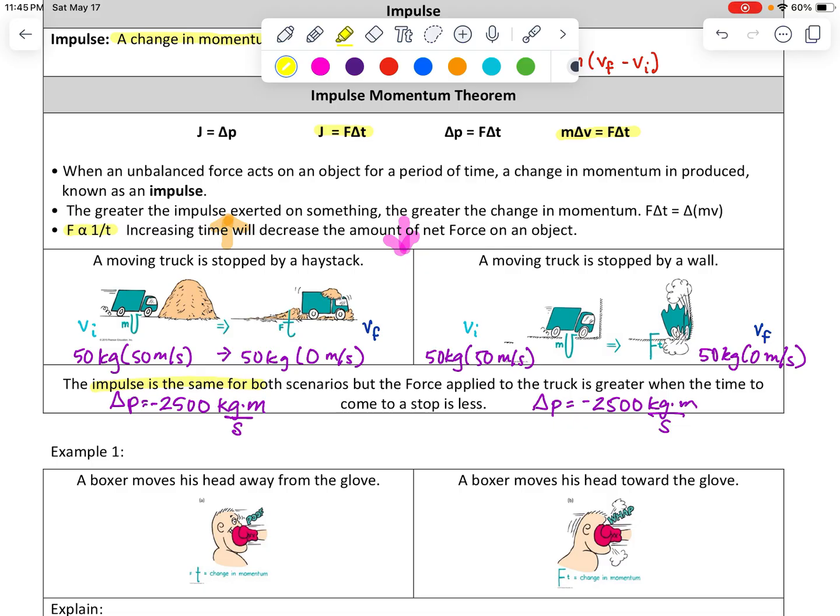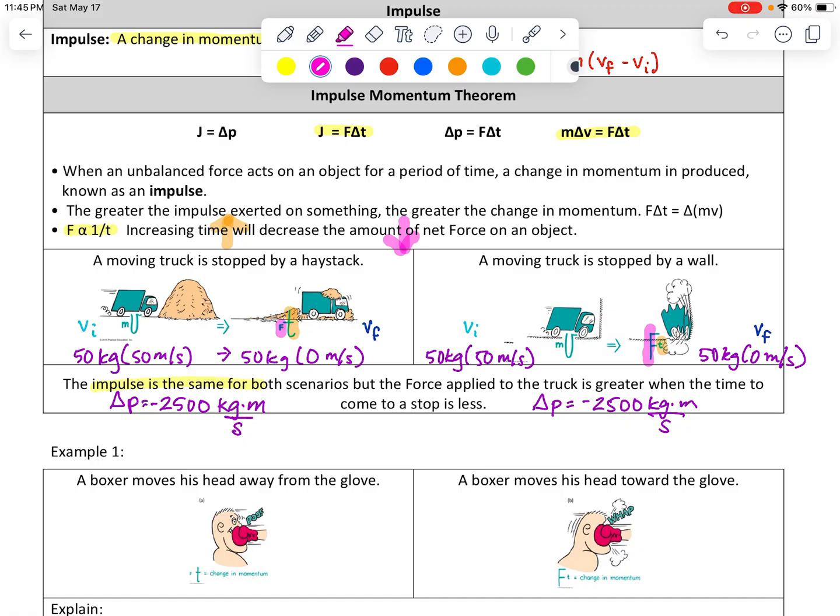But because the time it takes for the haystack versus the wall is greater, that means my force is smaller in the haystack versus with the wall. Okay, that's sort of the application of impulse, is that if you can increase the time, you can decrease the force.